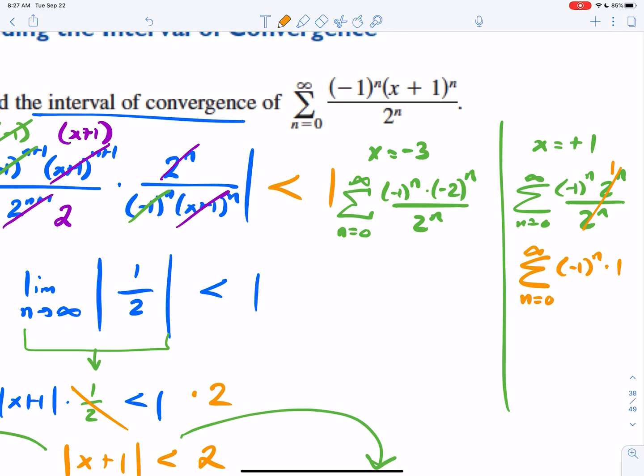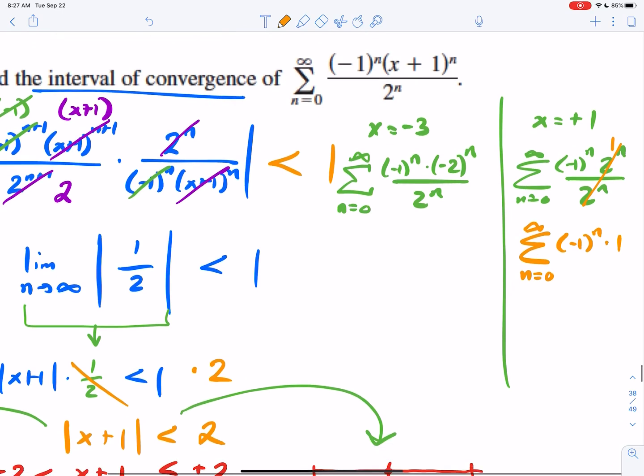So remember, that divergence test gets rid of all the easy series. That diverges, by nth term test or divergence test, doesn't matter. Or if you did the alternating series test, you would have to show some work there. So that means we don't include +1, all right?